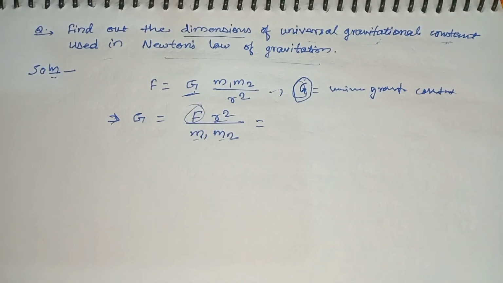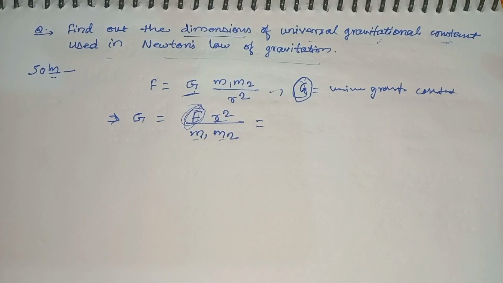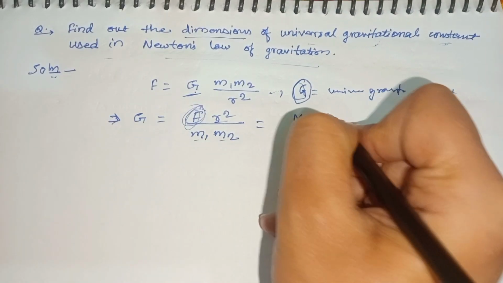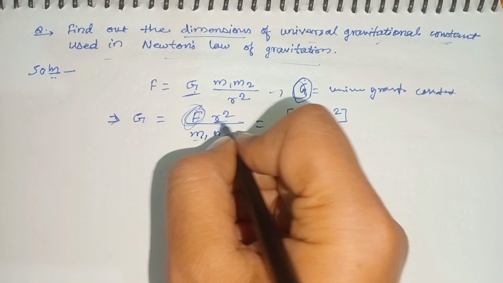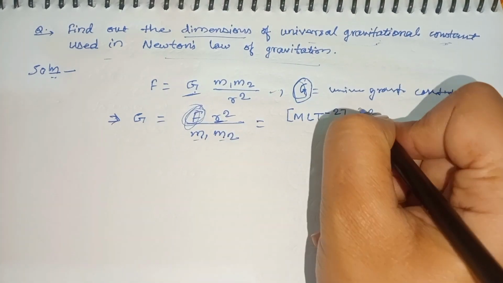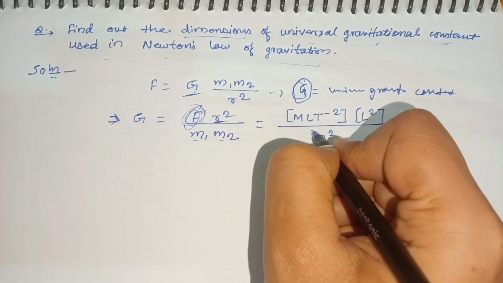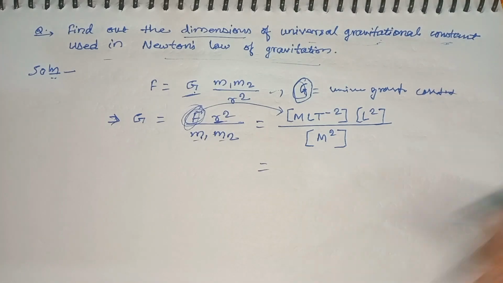Now force is a derived physical quantity, so this will be converted, or if you remember the dimensional formula, directly put it here. There are two ways. We know force is M L T minus 2. The dimensional formula we will put here, and for r square it is L square. We will put it here, and for m1 m2 it is M square. We directly put force as this because in the previous question we have already calculated force.